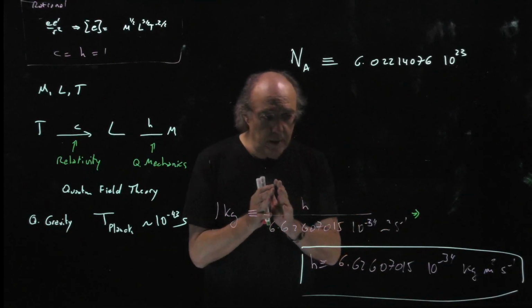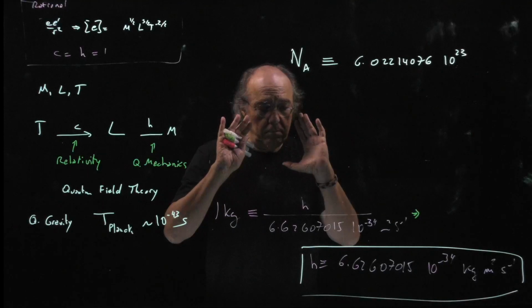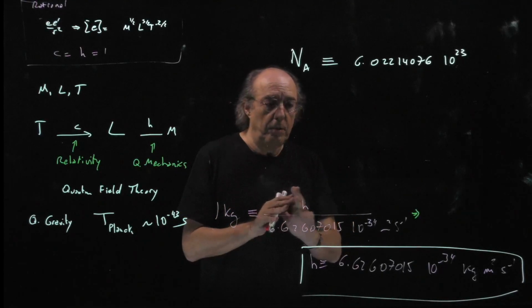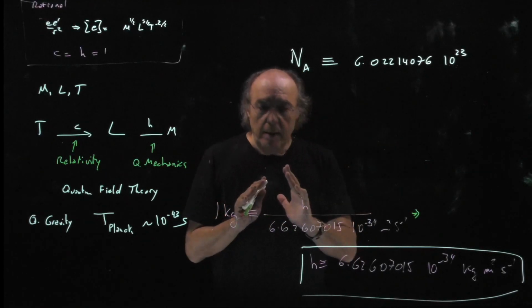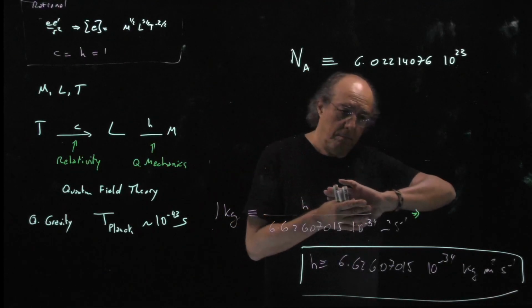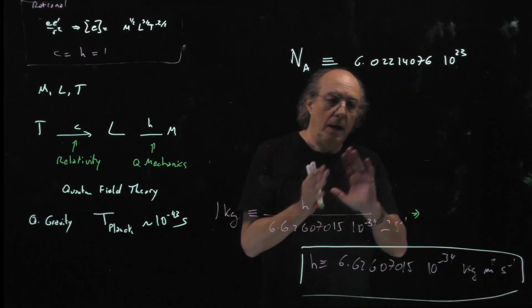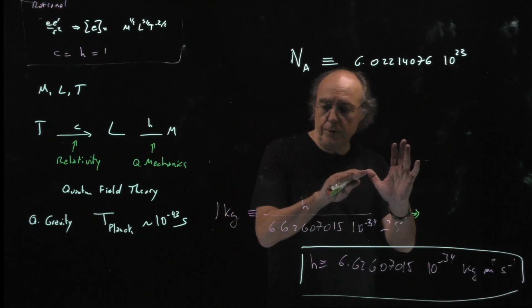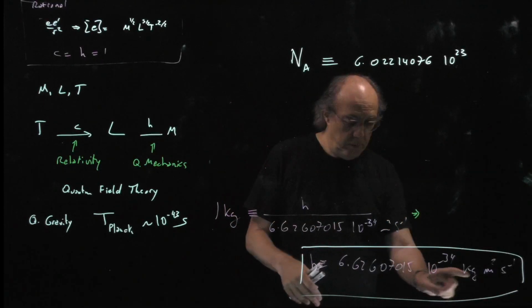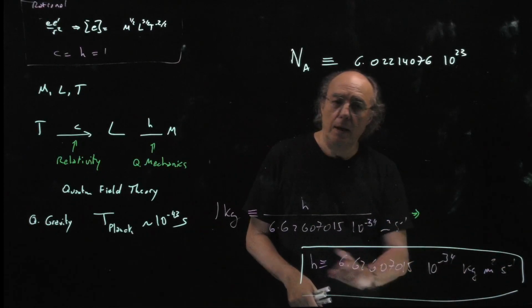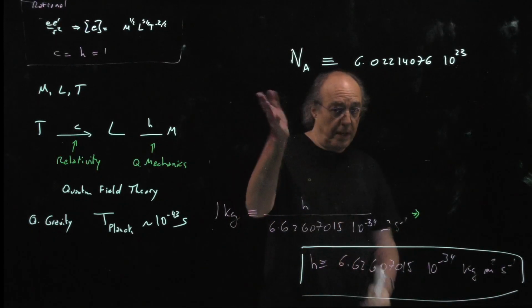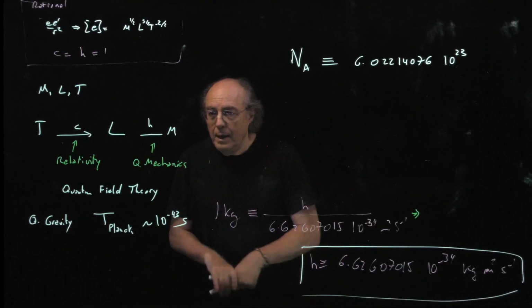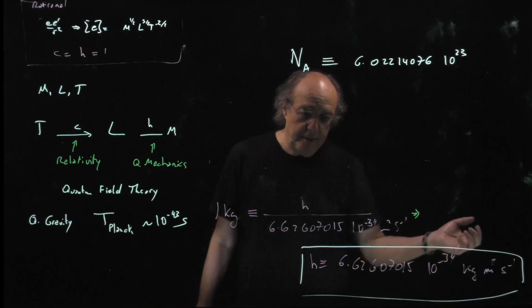There are other units. For instance, we now define the Boltzmann constant. We also define the ampere. All these macroscopic quantities, or the candela, are defined in different ways, in a way to avoid the relation to these fundamental units. So there is a final discussion, which is how you implement these things in the lab.